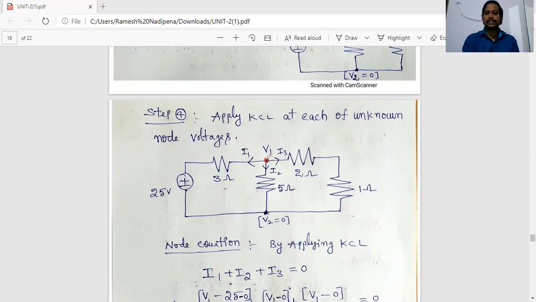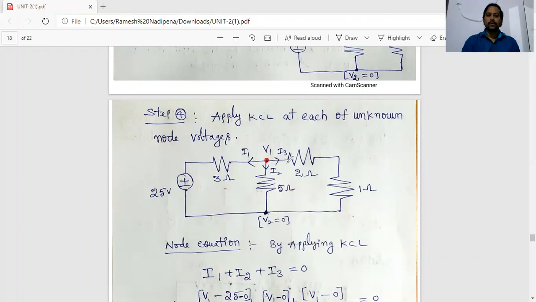At this node, my assumption is that all currents are leaving. How many paths are there? 3 paths.